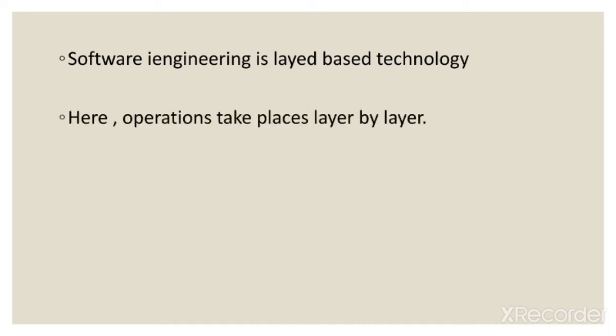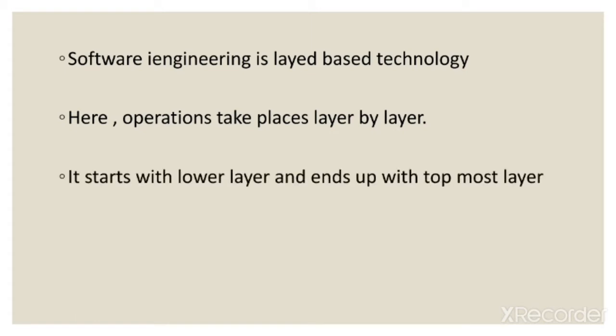Don't jump between the layers, because this is a continuous, sequential, step by step process, and it starts with the bottommost layer and ends with the topmost layer. So the process takes place like a pyramid. First we build the bottom layer, and it upgrades till the topmost layer.